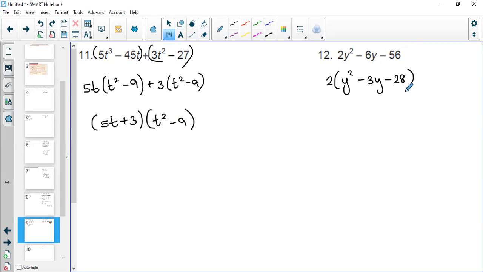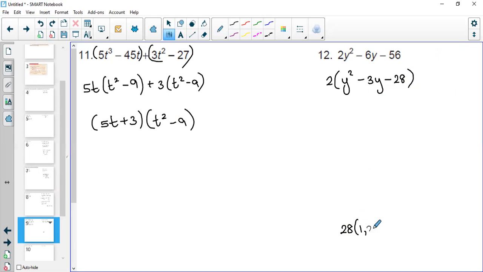Now, are you done with this question? Not yet, because you still need to further factorize this. You check what are the factors of 28. Now, this is not a perfect square trinomial, because 28 is not a perfect square, so you need to factorize it the other way. Look for the factors of 28 which would give me a negative 3. What are the factors of 28?